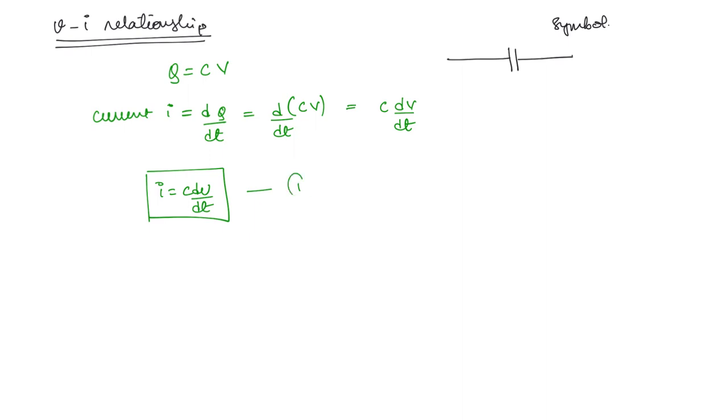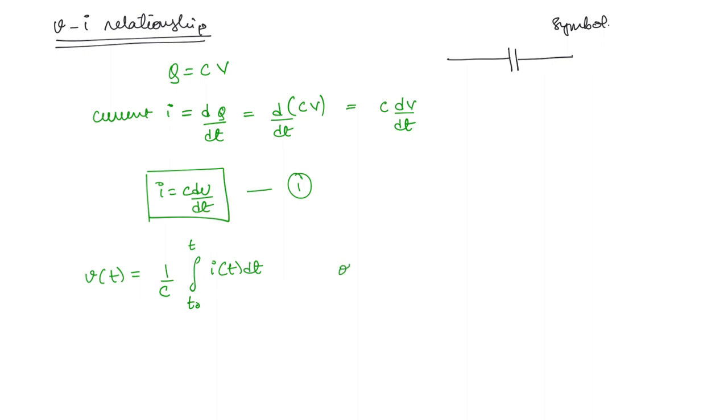Now we need to find out the other way round as well, that means V in terms of I. So you just have to integrate. If you integrate, you get V of t is equal to 1 by C integral I of t dt. If you are integrating from some initial time t0 to t, then you don't have to worry about the constant.